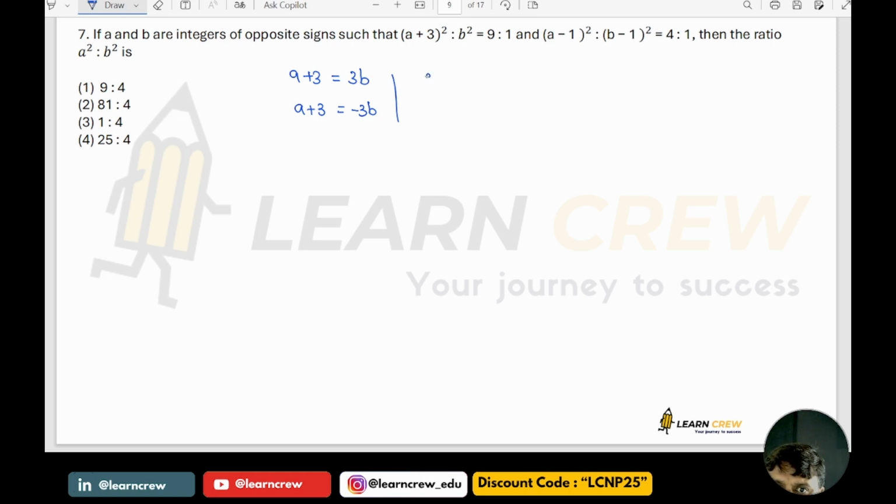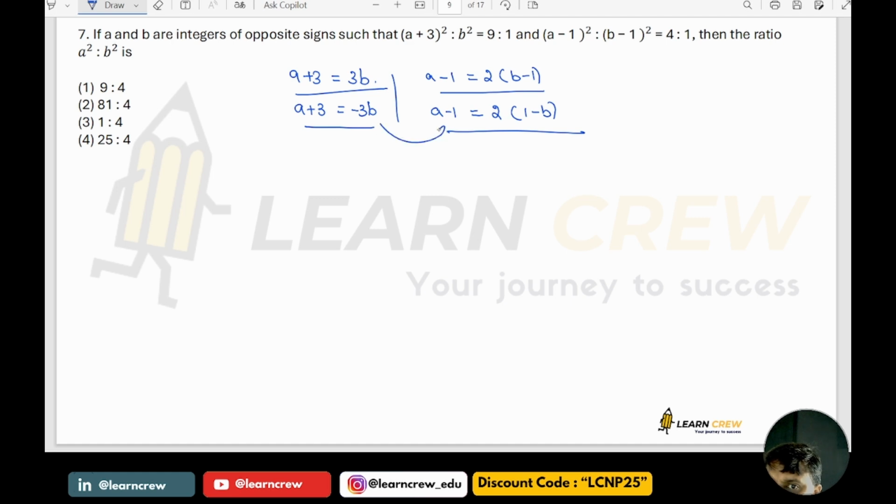A minus 1 is equal to, it can be 2 into b minus 1, or a minus 1 is equal to minus 2 into b minus 1, that is 2 into 1 minus b. Now this is one equation, this is the other equation. So we have 4 equations, 1, 2, 3, 4.